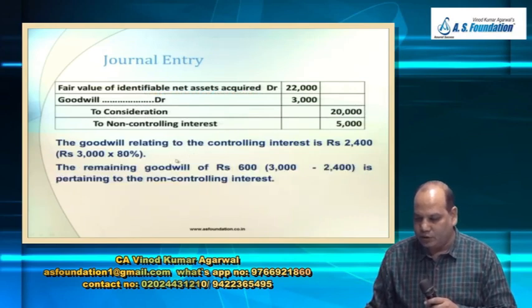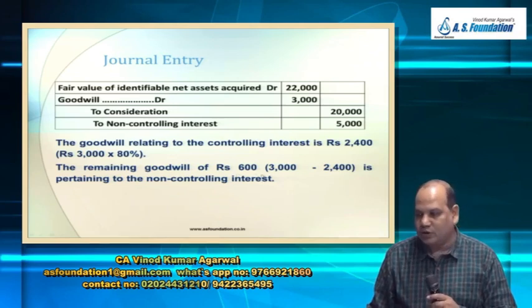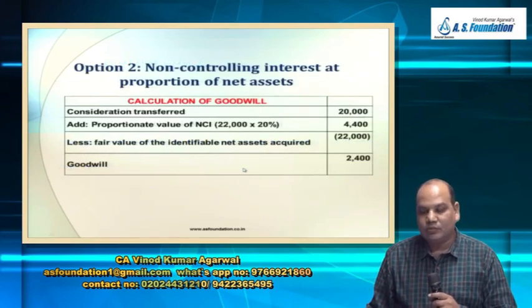Then you write one note. In fair value method, goodwill relating to NCI is equal to 20% of 3,000, equal to 600.